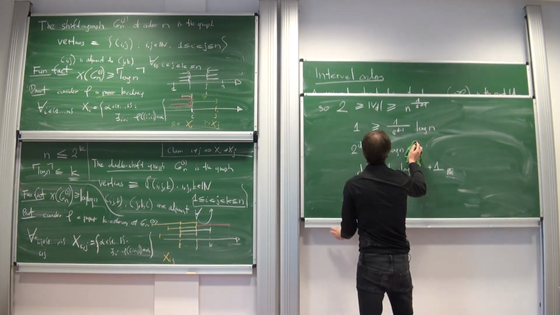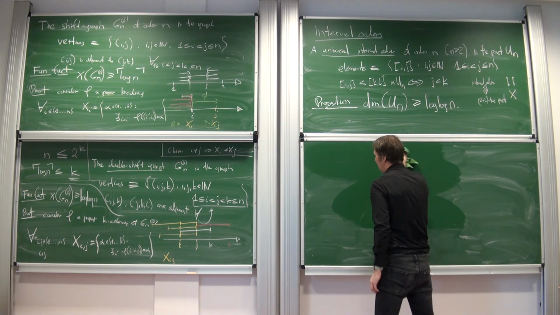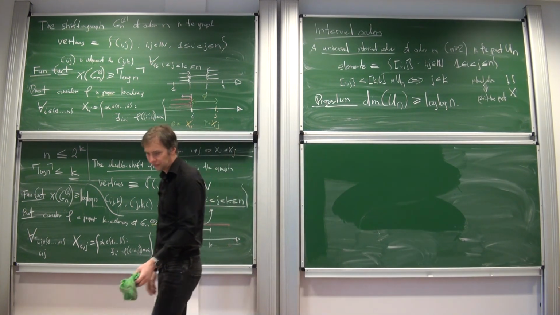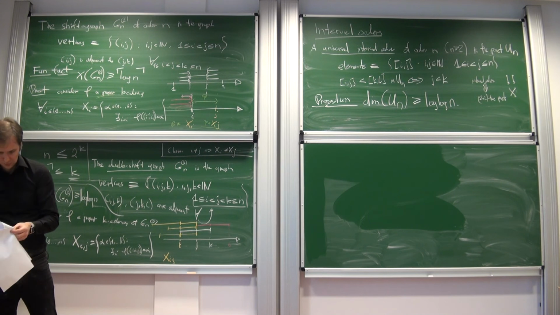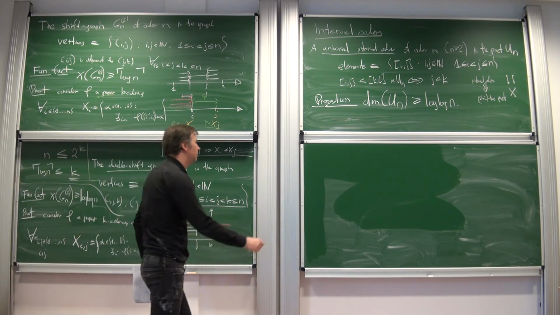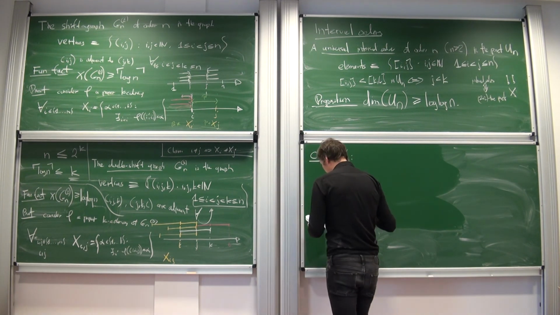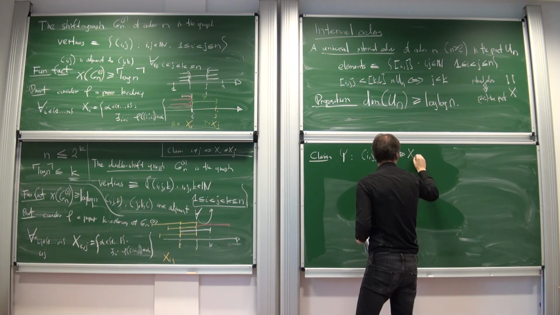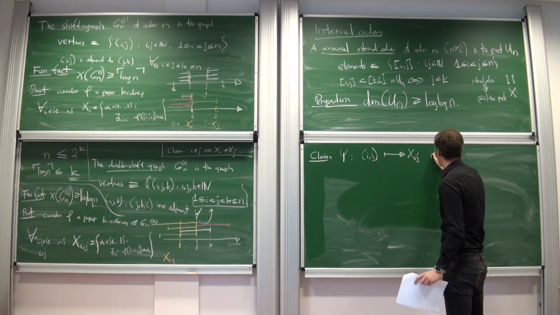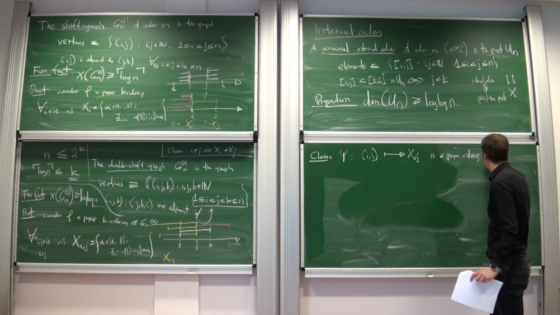Okay, and now the claim we need is that if you think about the mapping C that starts from (i, j) and gives X_ij, this is a proper coloring of the original shift graph.